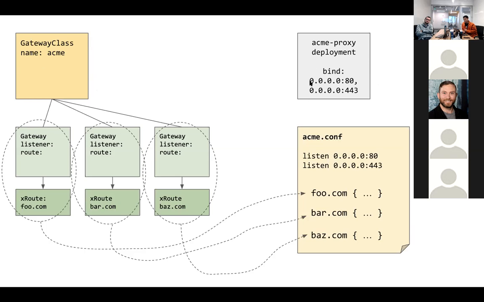And then a description of the infrastructure in some portable manner would appear in the status of the Gateway. Basically, the infrastructure takes this Gateway class and says, I can implement this based on the requirements and intent that the user has given me, and here is how it was implemented, and it puts a description of how that infrastructure has been implemented into the status section of the Gateway.